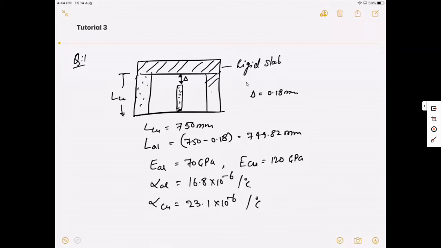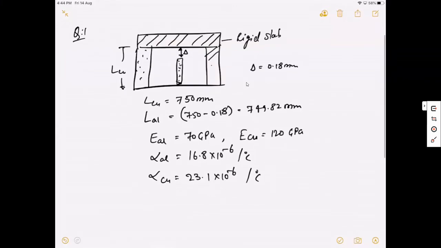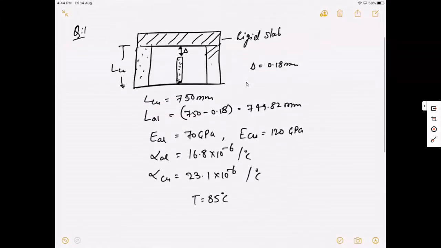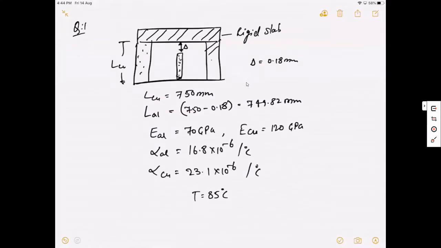The temperature increase is 85 degrees centigrade, and it says find the stresses in the bars. First we have to see what equations we can form.